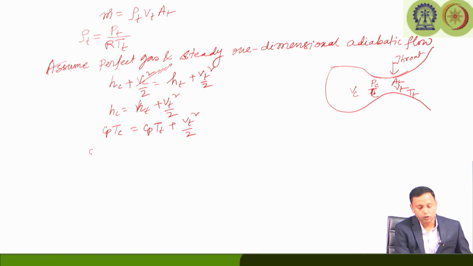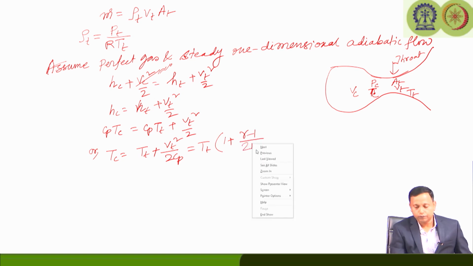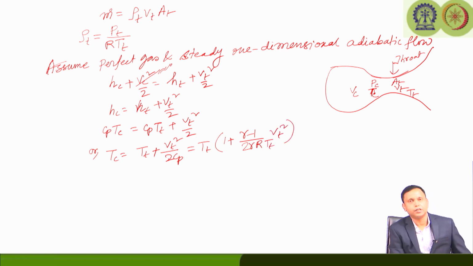We can write T c equal to T t plus, dividing by C p only, V t square by 2 C p, which we can simplify even further as T t into 1 plus gamma minus 1 by 2 gamma r T t into V t square. We are simply replacing C p with gamma r by gamma minus 1.